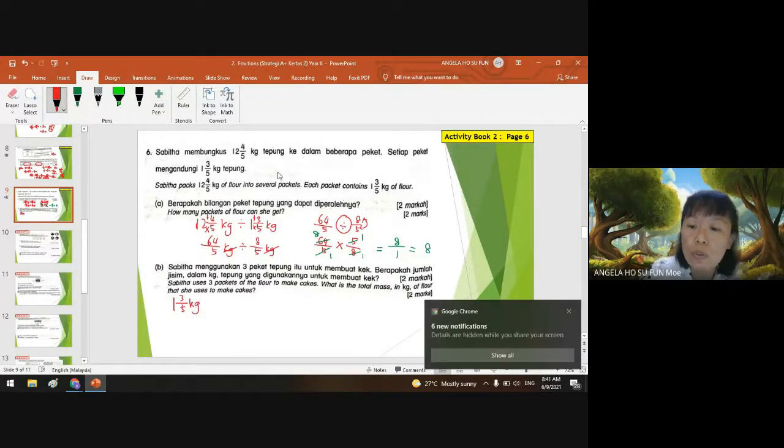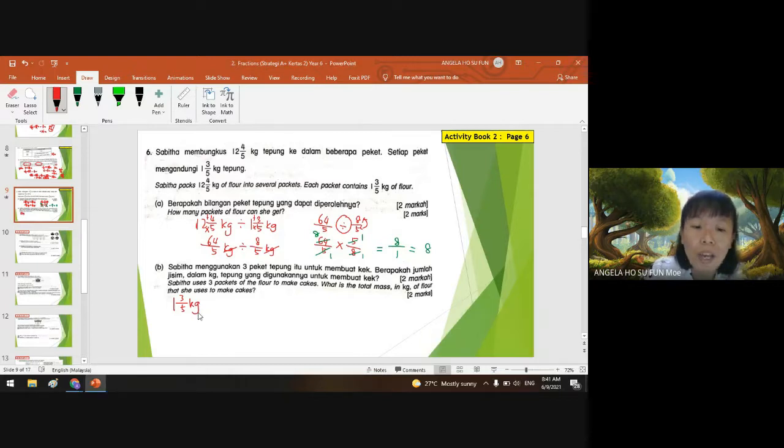If she used 3 packets, you can multiply by 3, or you can add this 1 packet plus the second packet the same amount plus the third packet the same amount. But I don't like to do plus in fractions because it takes too long. So I multiply straight away by 3 because Sabita is using 3 packets.